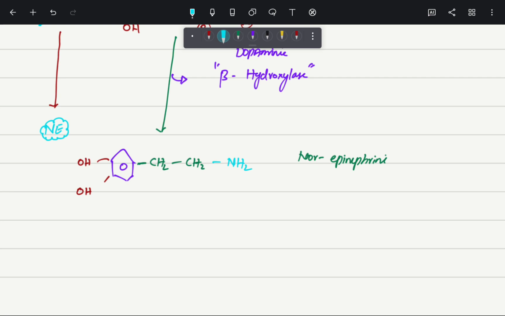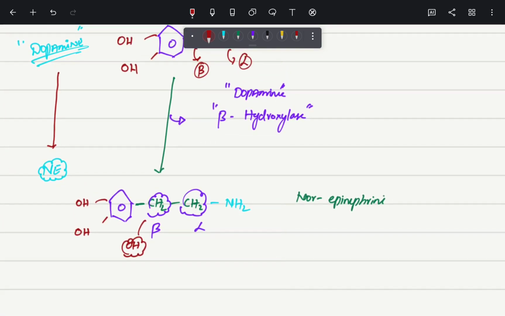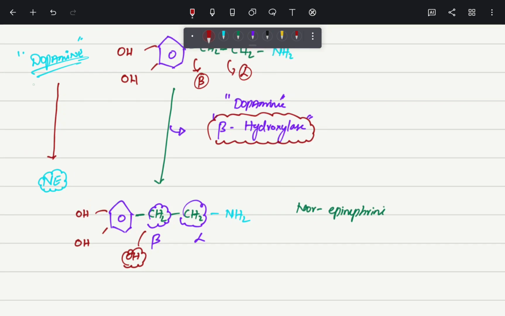This one is your alpha carbon and this is the beta carbon. For this beta carbon there will be a hydroxylation, hence the enzyme is called beta hydroxylase, because it is going to do hydroxylation on the beta carbon of the ethyl chain, and dopamine is getting converted into norepinephrine, right? Hence the name dopamine beta hydroxylase.